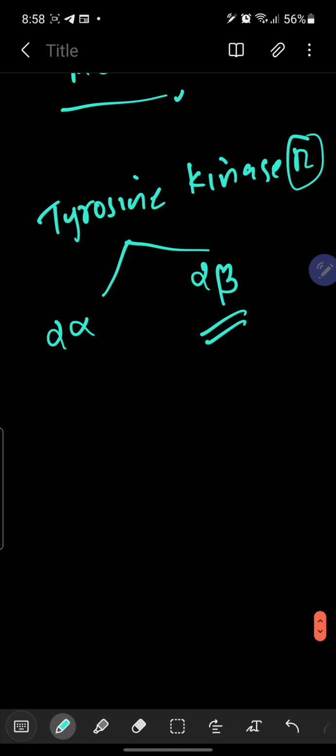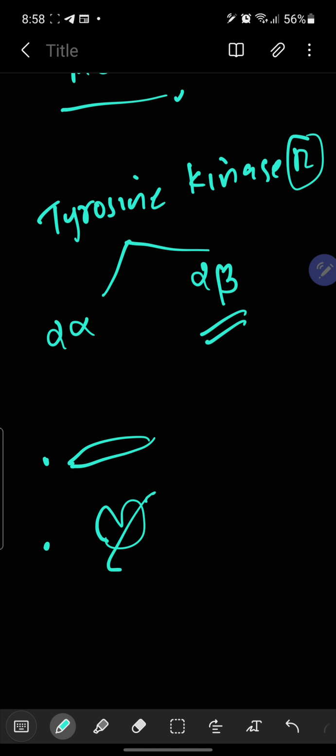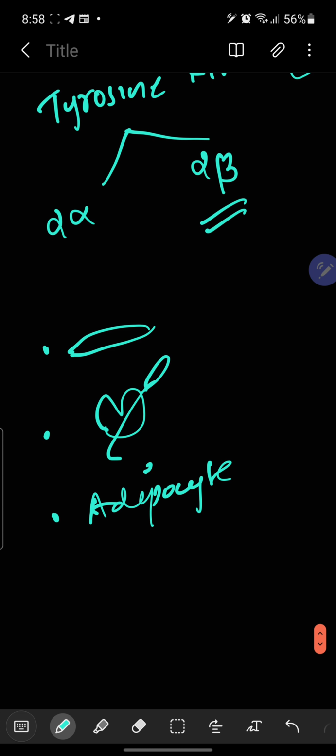The receptors are present in skeletal muscles, heart, and adipocytes.